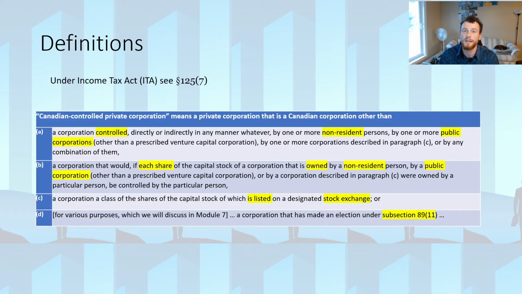This would also determine that it would be a public corporation. And also, an election cannot occur, generally under subsection 89 part 11. And the reason for this, which we'll cover in other episodes, is that depending on eligible dividends with GRIP and LRIP. Alrighty.